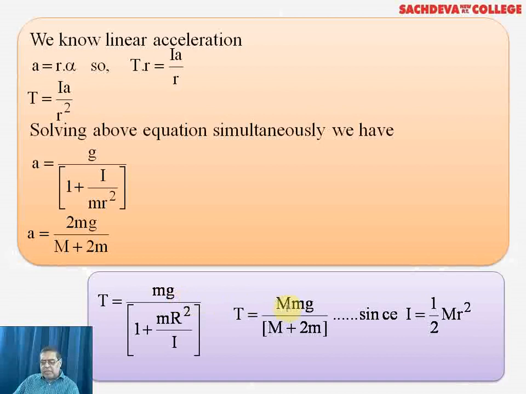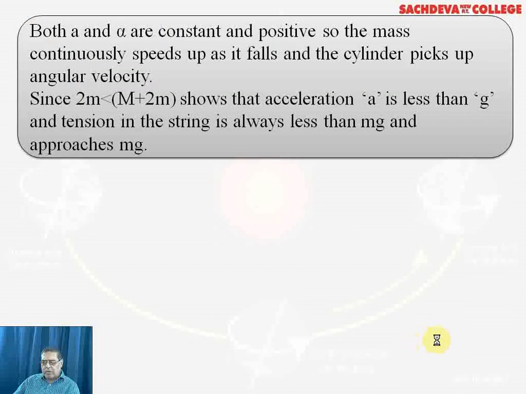Again, we are using the method of substitution and elimination to estimate the value of tension. So finally, the value of tension comes to be Mmg over M plus 2m. Capital M means the mass of the cylinder and m is the individual mass. g is the acceleration due to gravity. And for a cylinder, I can be replaced by half mr square, where m is the mass of the cylinder.